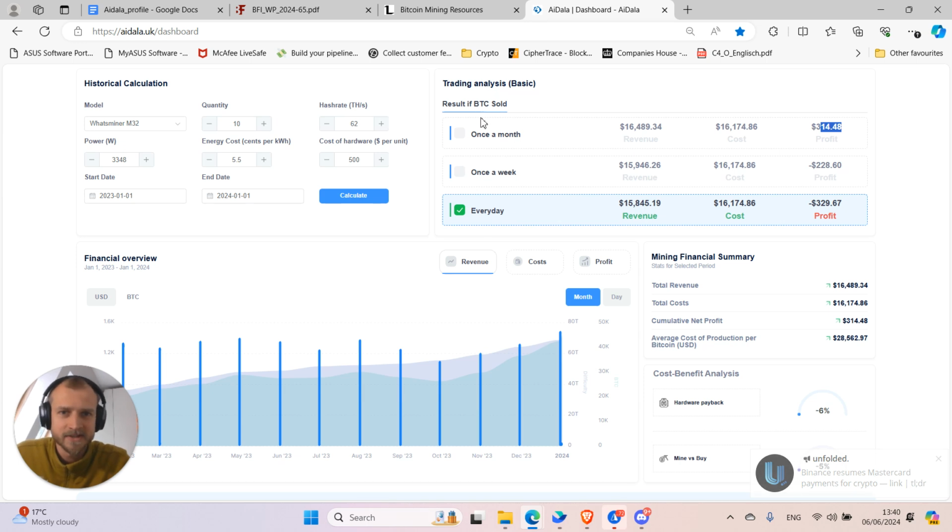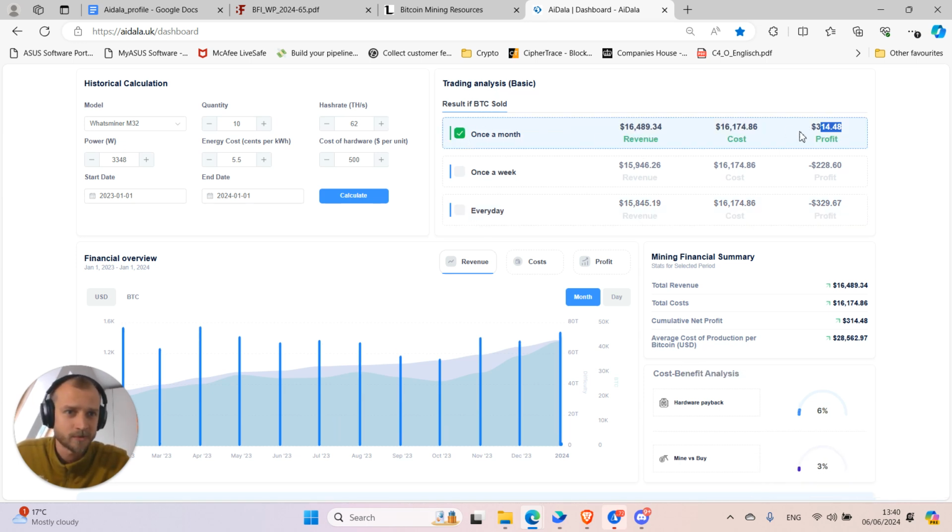Right, in everyday scenario, it's even negative, but if you select the most profitable scenario, so still you only pay back 6% out of your $5,000 investment.